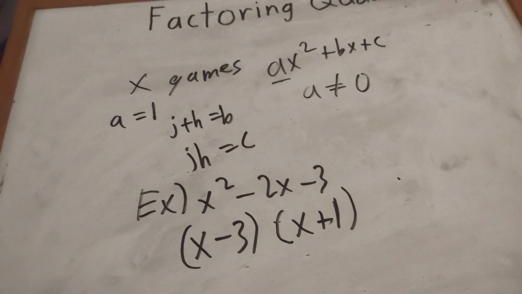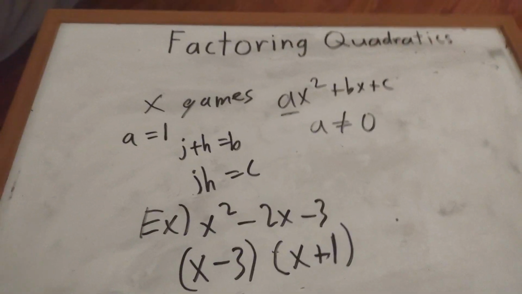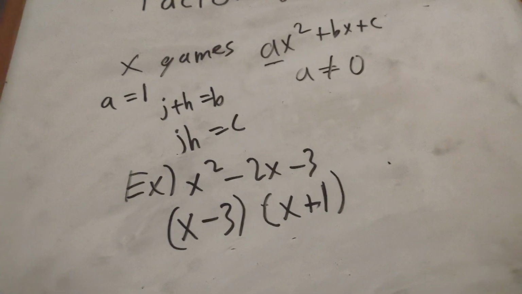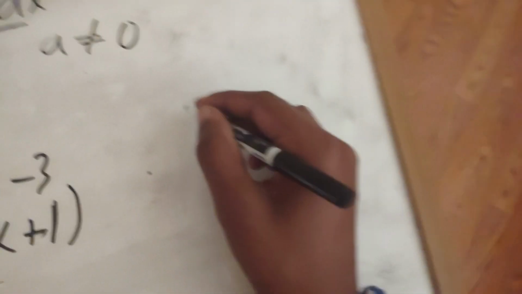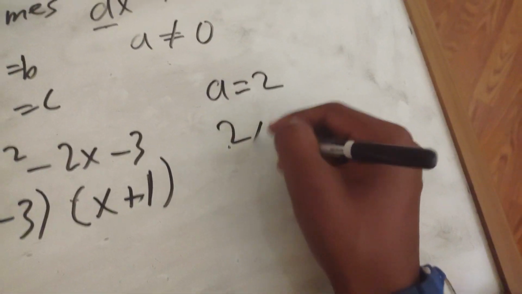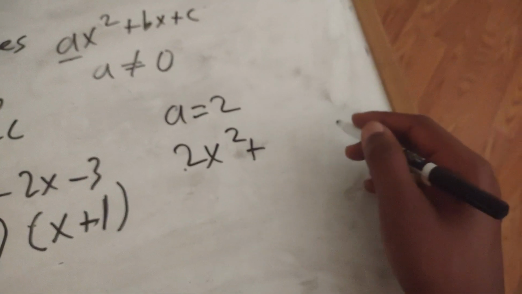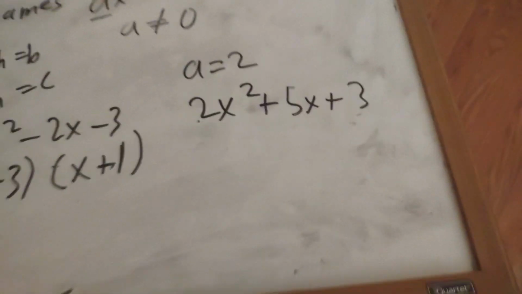So what if the leading coefficient is not equal to 1? What if a is not equal to 1? Well, also not equal to 0. What if it's something like 2? So let's move here. If a is equal to 2, and something like 2x squared plus 5x plus 3.